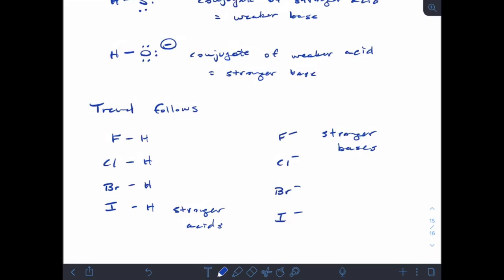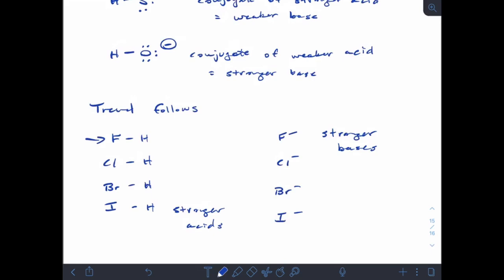Thinking about how orbital overlap plays into this situation. For HF, the F is in the 2 shell and the H is in the 1 shell, so they're very close in orbital energy. Versus iodine and hydrogen, there's a much bigger difference between iodine's outer shell and hydrogen's outer shell.